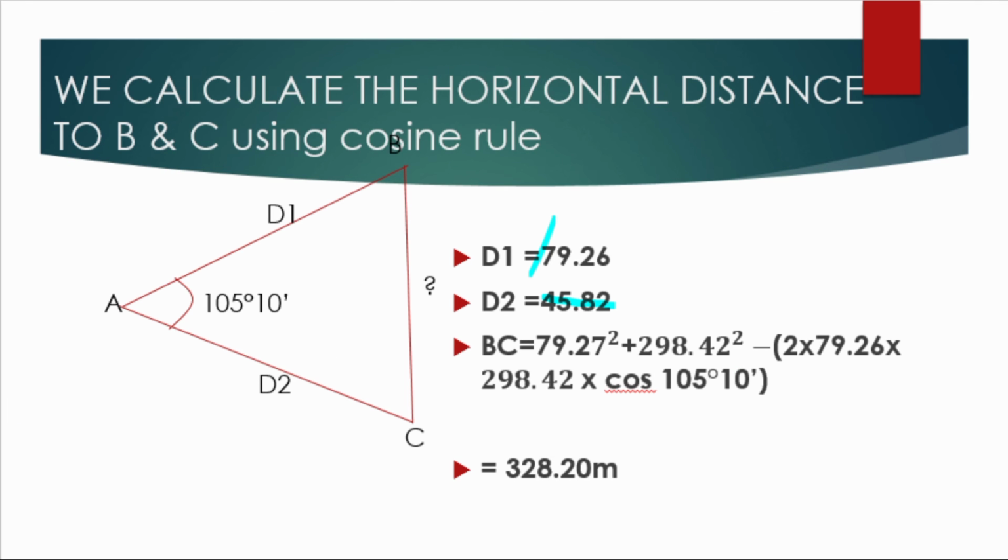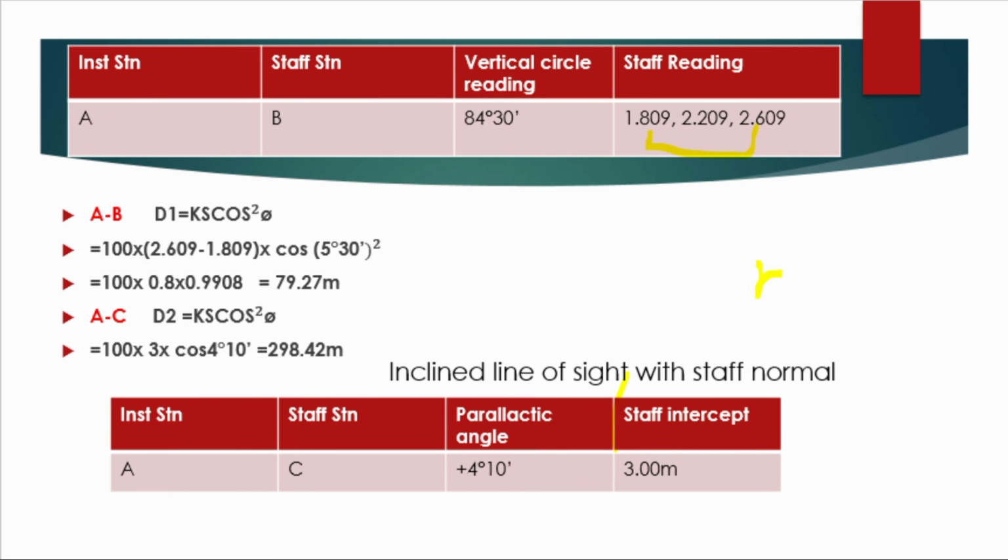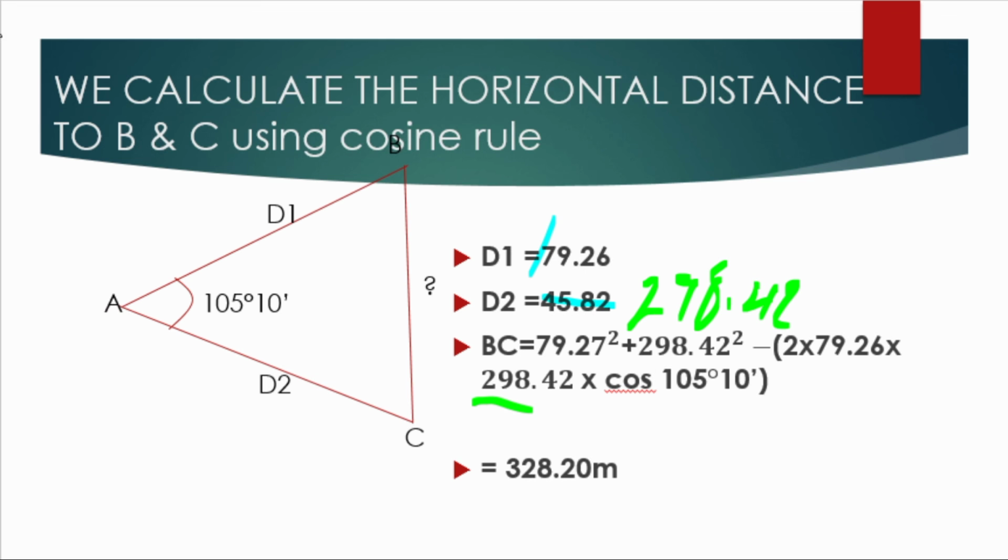Again, this formula I changed, so I decided to use again the distance 298.42, what I had done here. This is the distance covered here, so I decided to do that. I'm sure you guys will think through, and you can put down in the comments what you think was the right formula. This is what I did.